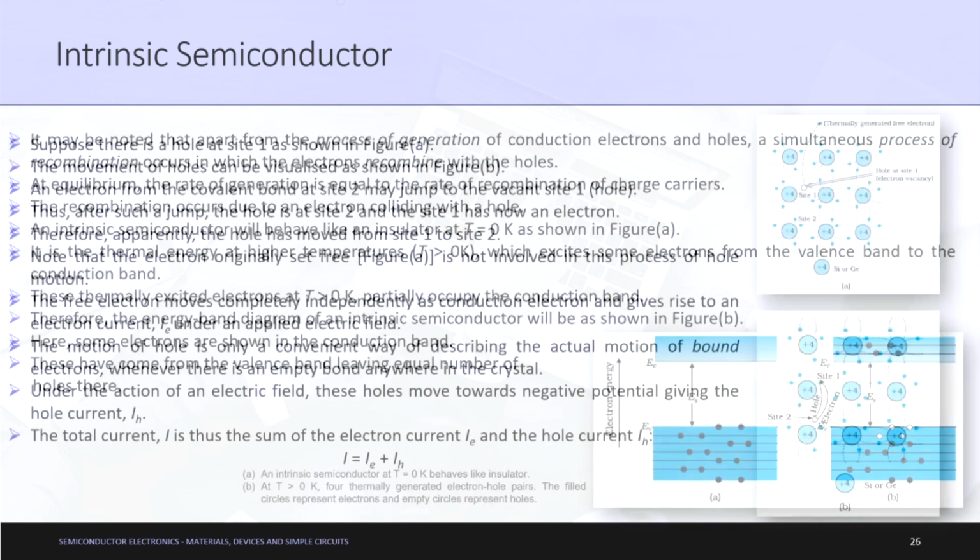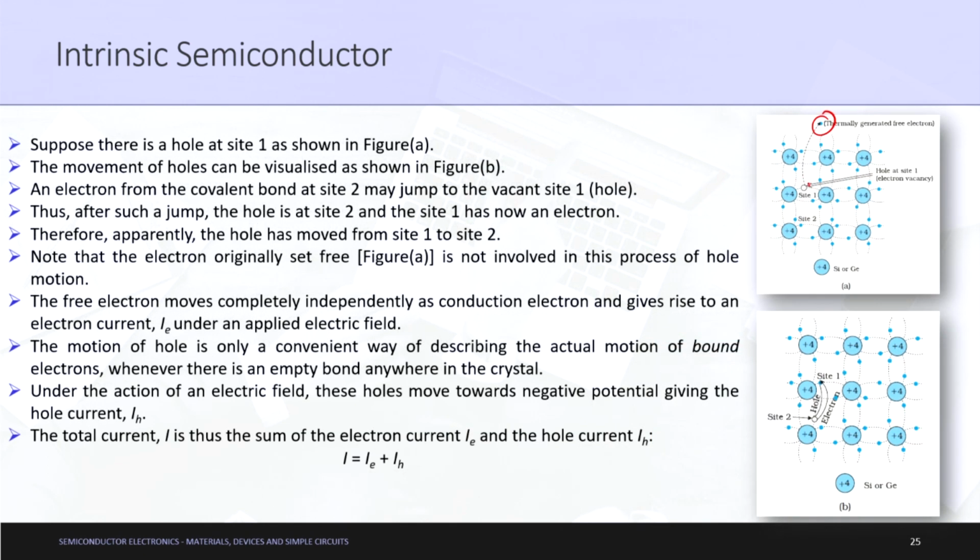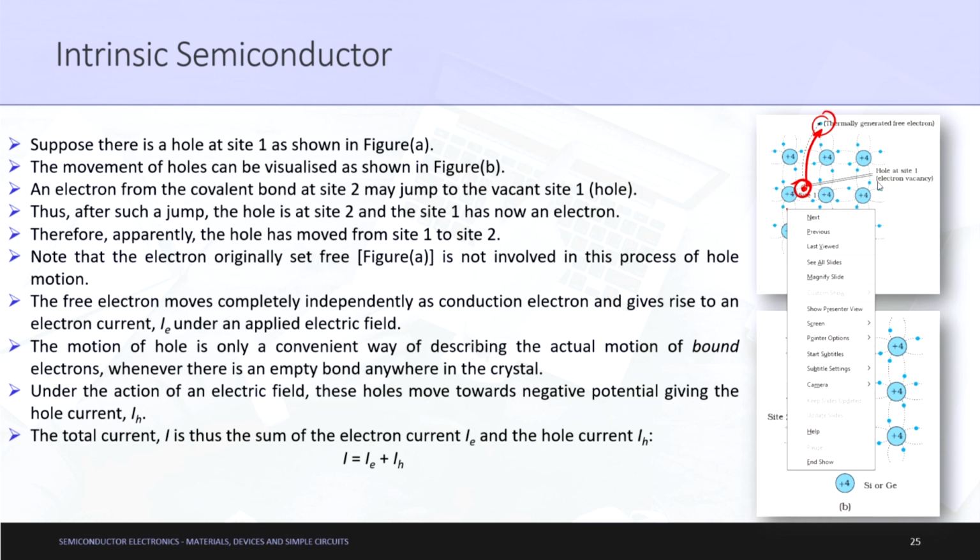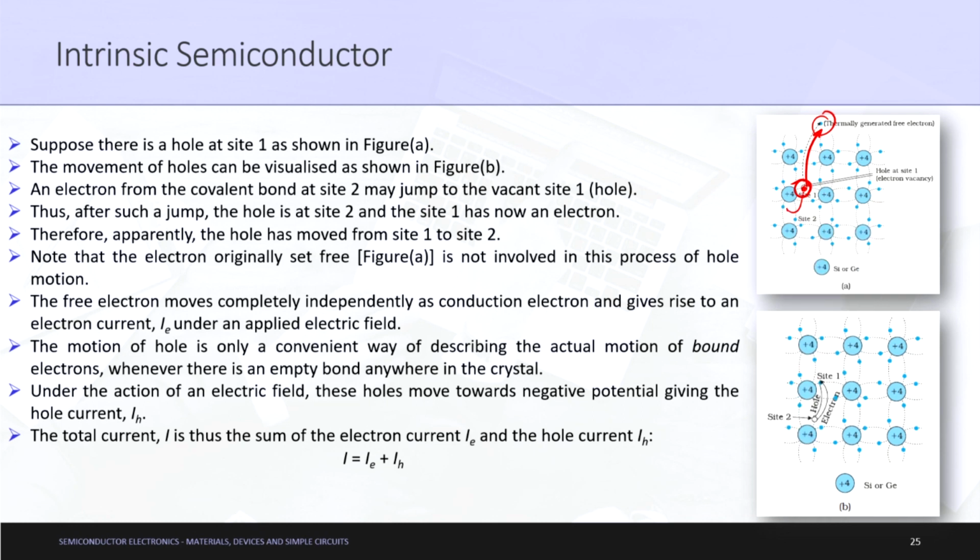Quite evident, because let us say this electron from this portion has moved apart. Let us say the rate of generation is 1 per second, so the number of electrons being removed from the semiconductor is 1. At the same time, if a hole is created here, then at the next instant an electron will go and reach this place.